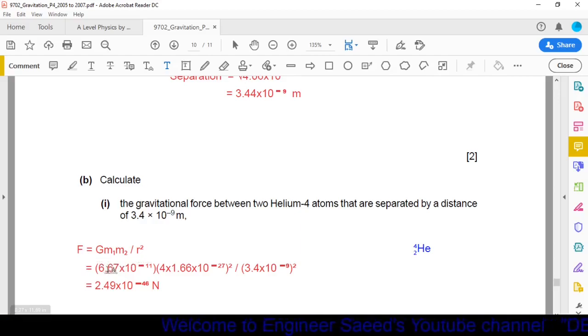G is equal to 6.67 × 10^-11. Now this m1 and m2 both are the mass of helium atoms. So in place of m1 and m2, we can say it will be m into m, or m squared.